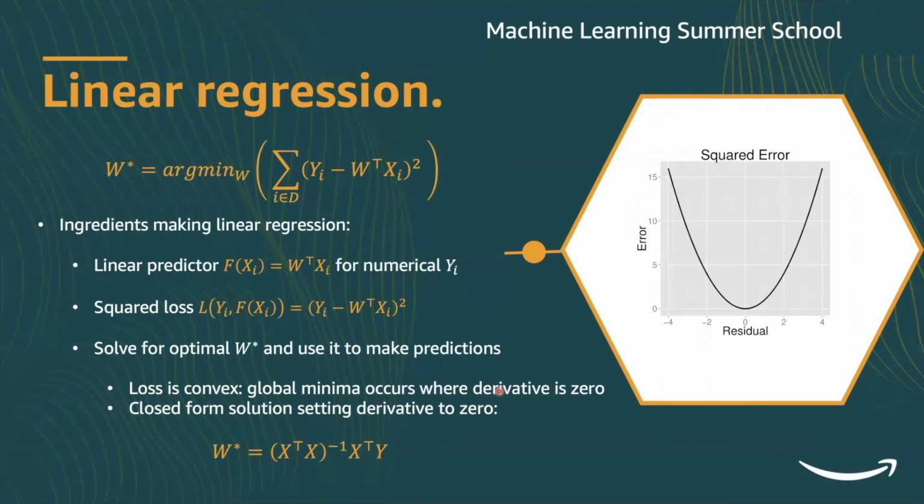Or to put it another way, if you can find a point in the parameter space where the derivative of the function is 0, that is sufficient to say it's going to be the global minimum of this function. There are no such things as saddle points for convex functions.